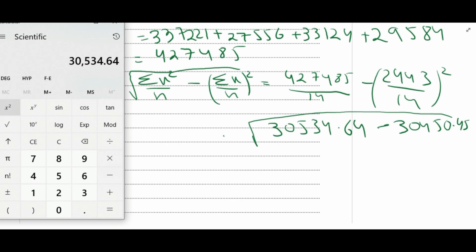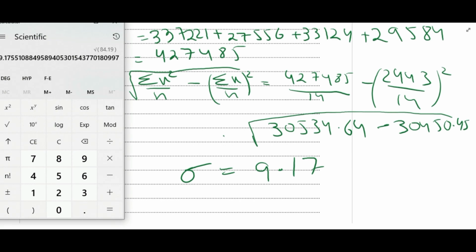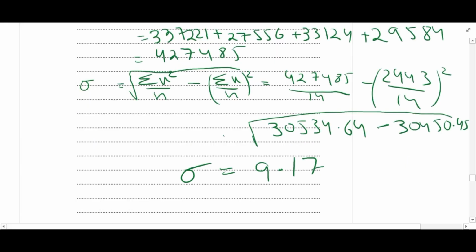So if you calculate it, that would be 30534.64 minus 30450.45, and we need to get the square root of it, 9.17. So the standard deviation for the next is 9.17.